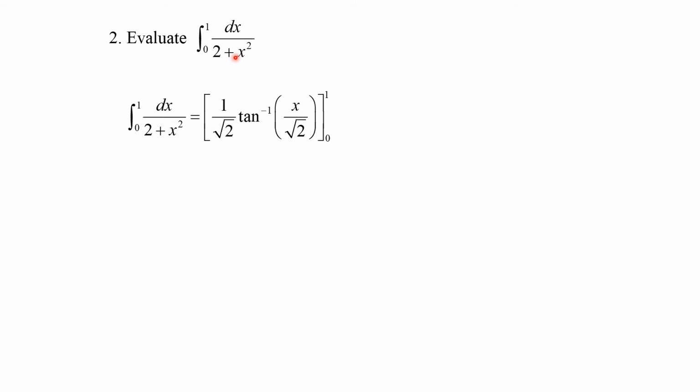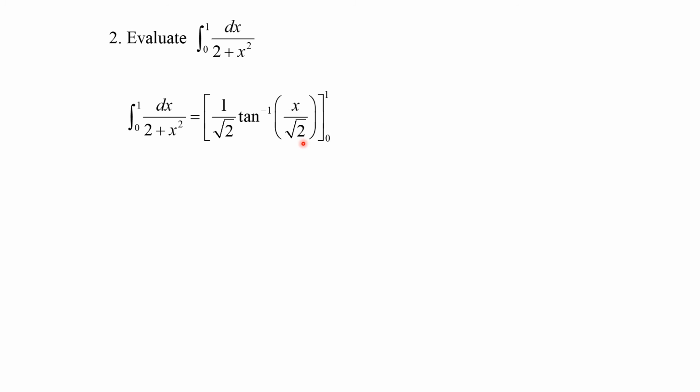For the formula, you have to match this to a squared plus x squared. So a squared here becomes 2, so a is the square root of 2. So it's 1 over a, which is the square root of 2, multiplied by inverse tangent x over a.